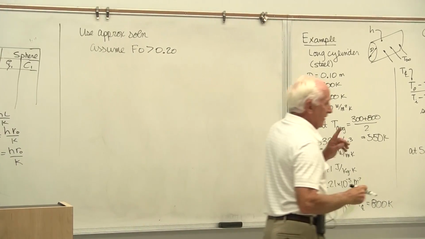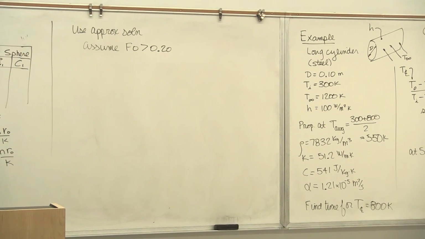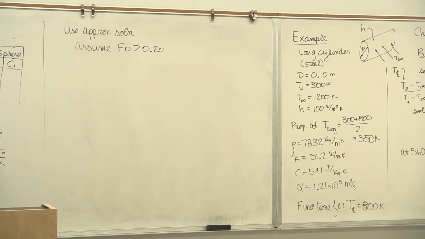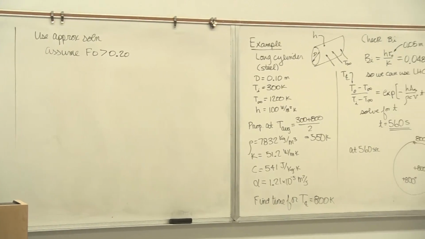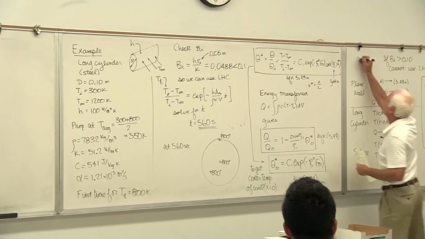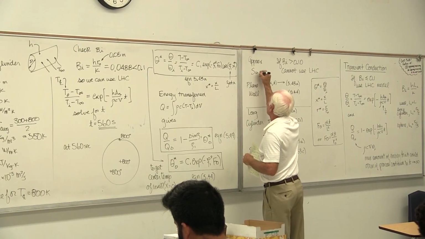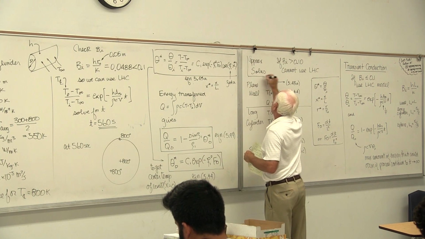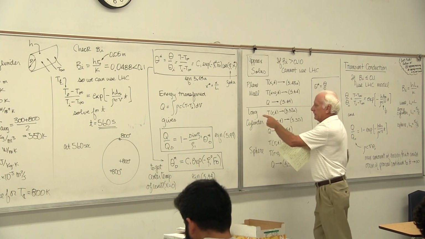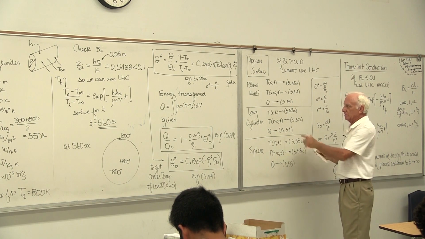Okay, if I do assume that, here we are. This is chapter 5. Everything you can use is on this side of the board, right here. I'm going to check it against the approximate solution. These are the approximate solutions. There it is. It's a long cylinder.